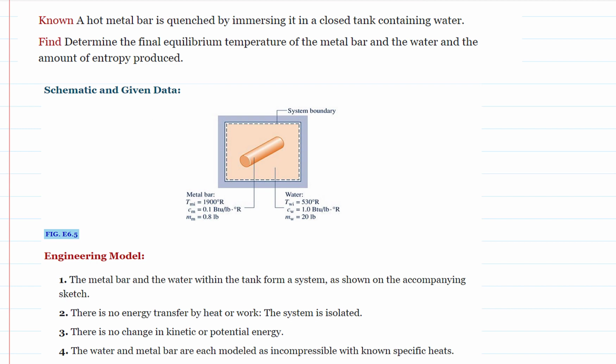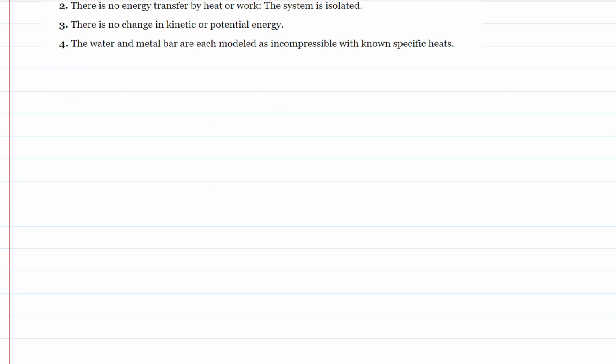So we take the water and metal bar in the tank as the system. This is a closed system. There is no energy transfer by heat or work. We consider the system as an isolated system, since it's adiabatic with no energy transfer. First, we are going to determine the final equilibrium temperature. So we perform an energy balance on the system, including the metal bar and water.